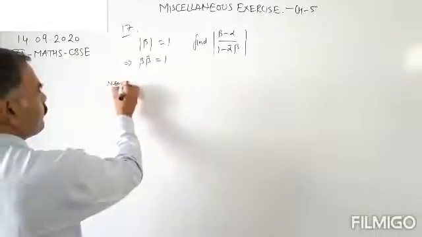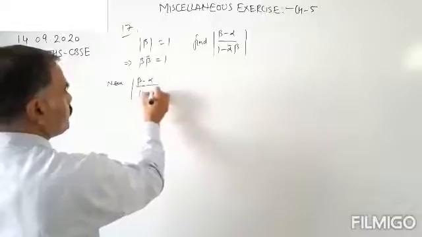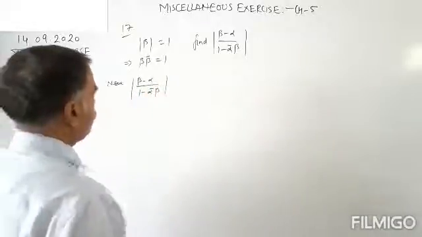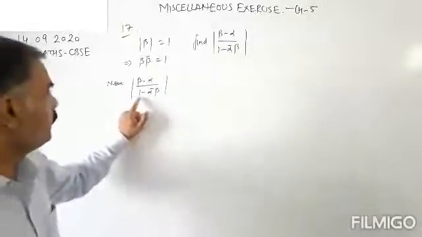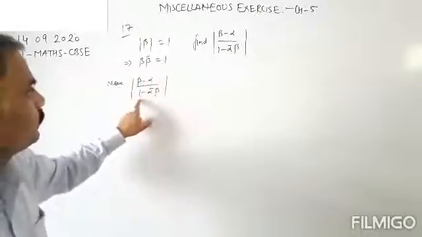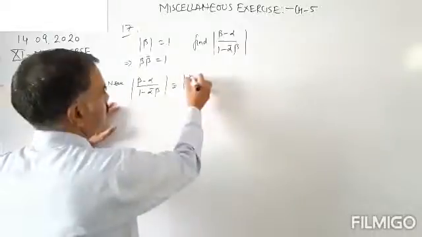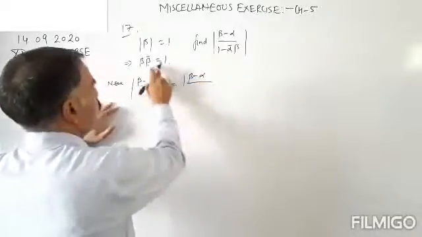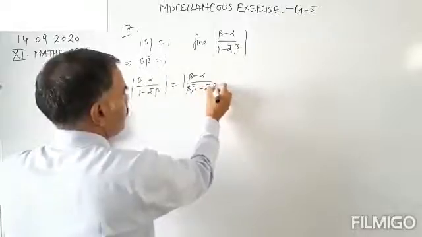Now the given expression is beta minus alpha upon 1 minus alpha bar beta. Okay, so what we have to do, we have to put the value of 1 equals beta beta bar. So put 1 equals beta beta bar in the denominator. This equals beta minus alpha upon beta beta bar minus alpha bar beta.